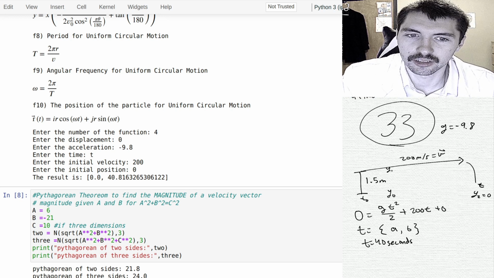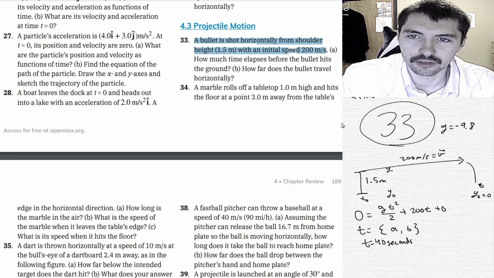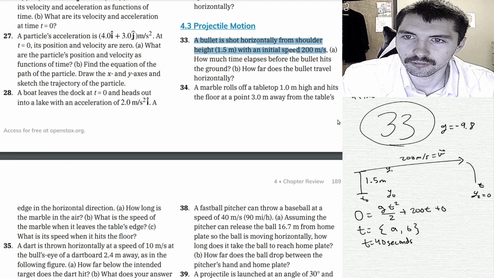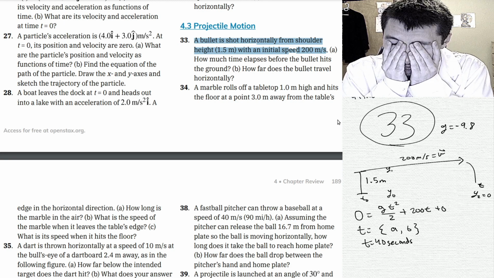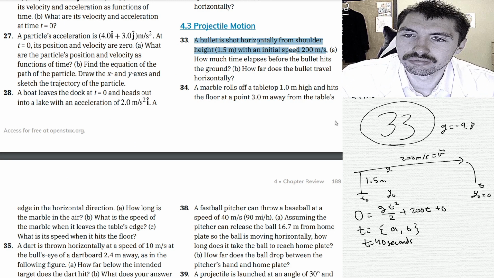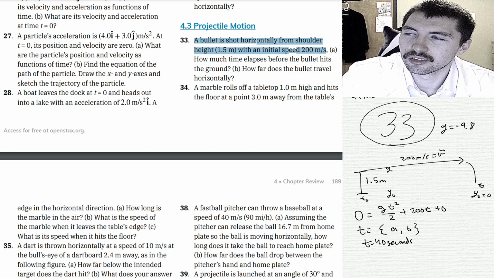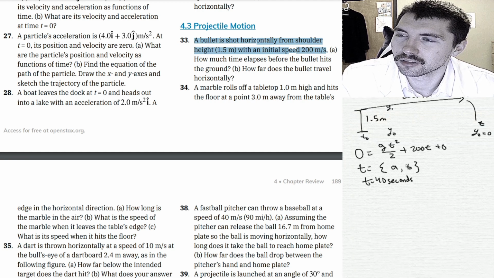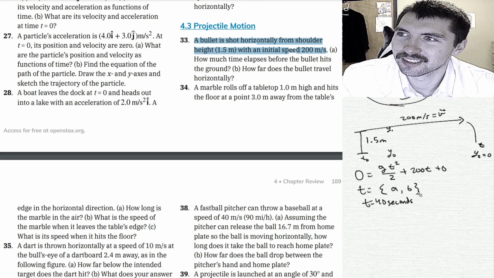Now I want to see. Okay. How far does it travel horizontally? All right. Okay, so this is going to be tough. So horizontally.